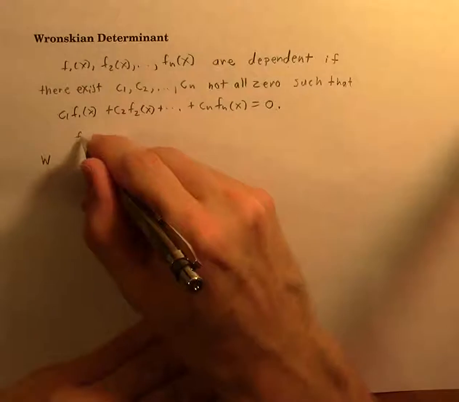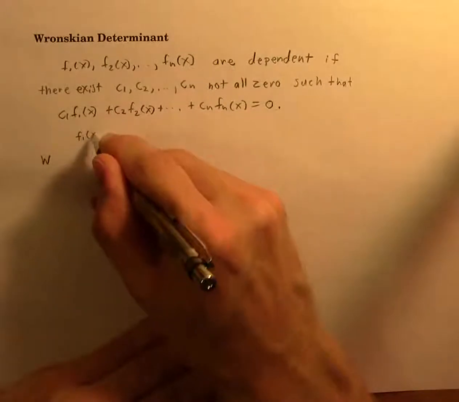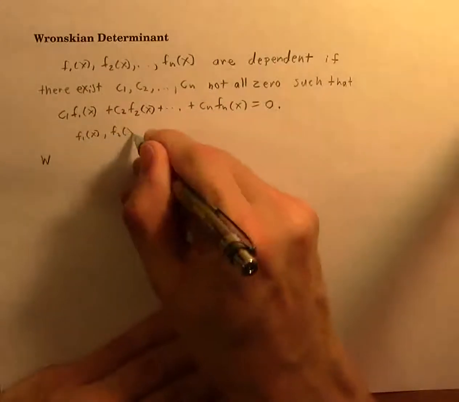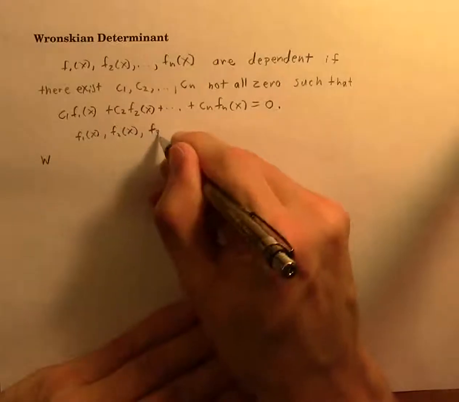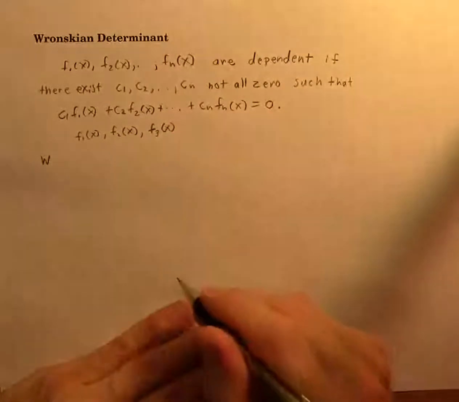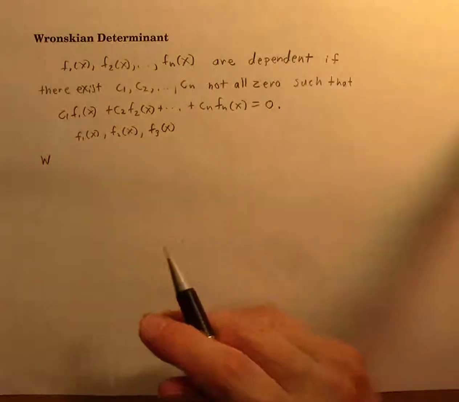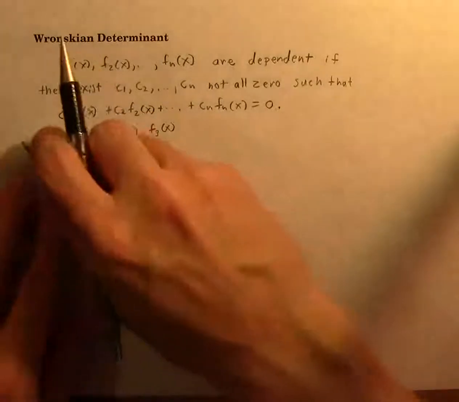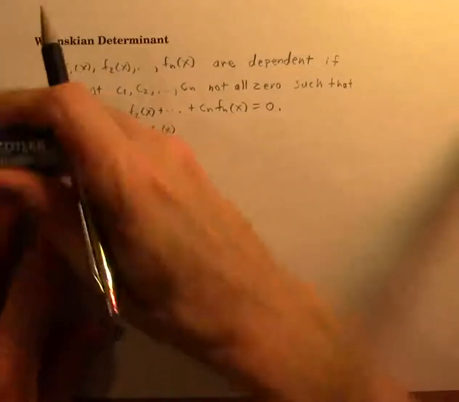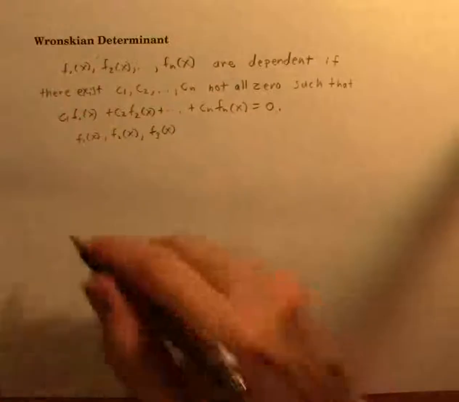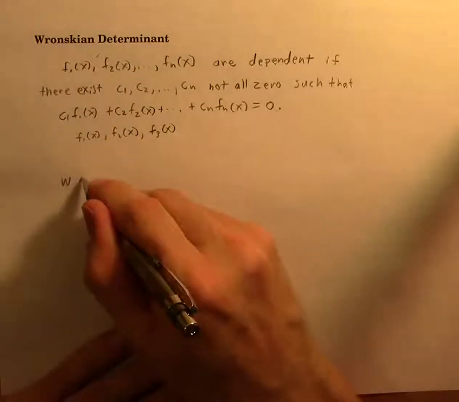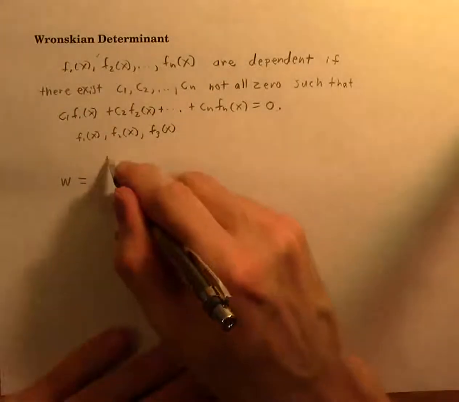So let's say we just have an f1 of x, f2 of x and an f3 of x. Then the Wronskian determinant for these 3 functions is defined as follows. We'll call that W for the Wronskian.